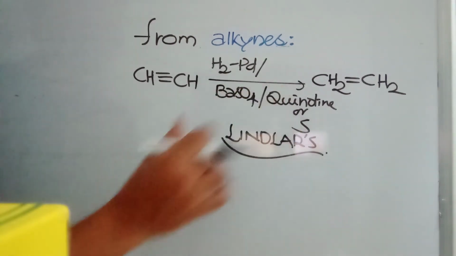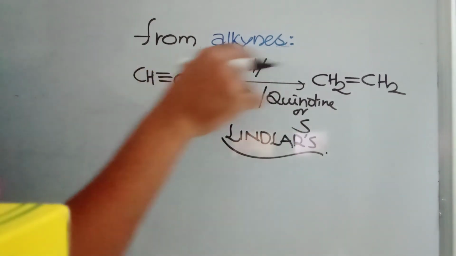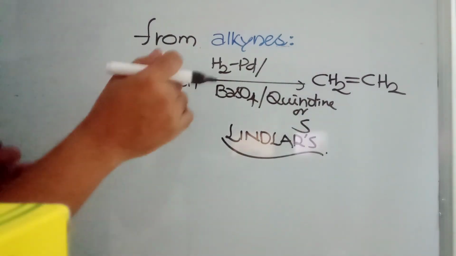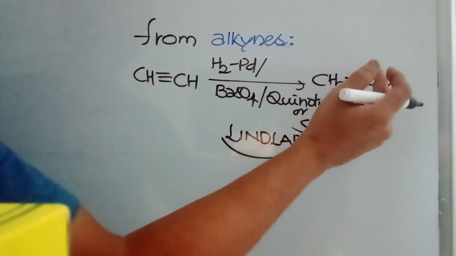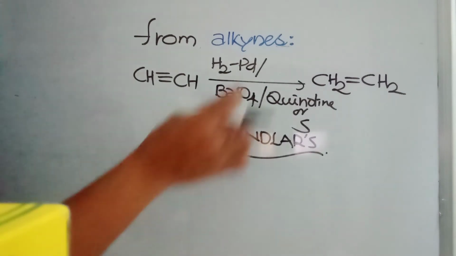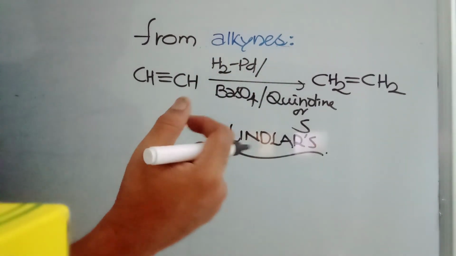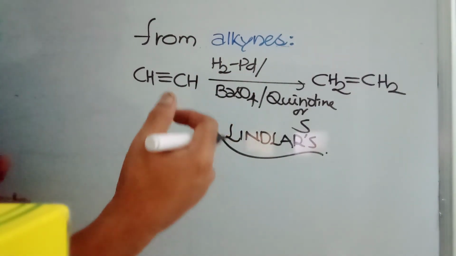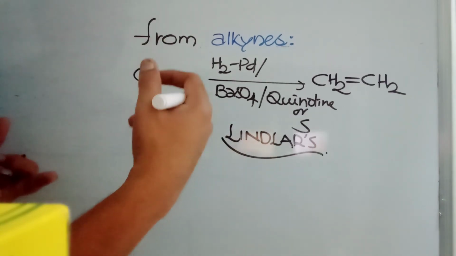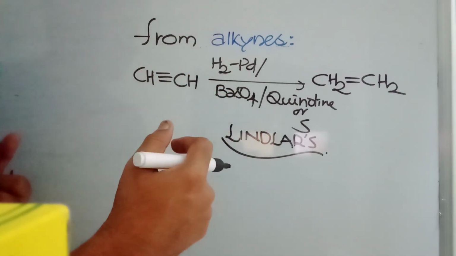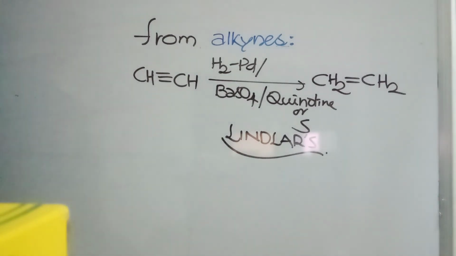These are the poisons, and the hydrogen obtained by the palladium is a little amount. So the reaction can be stopped at the alkenes. If palladium can absorb more hydrogen, that is occlusion, it can take more hydrogen actually. But when it is taking less hydrogen, then there is a possibility of getting alkenes.